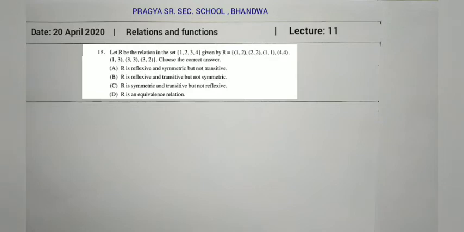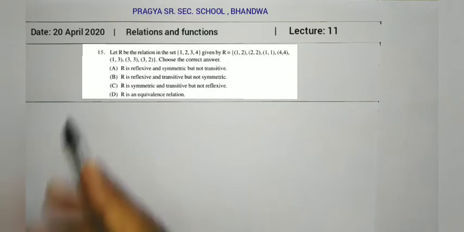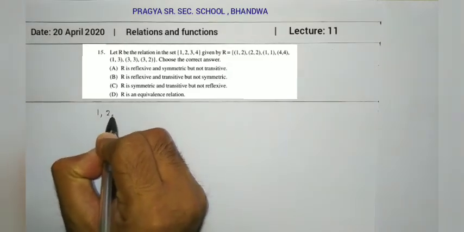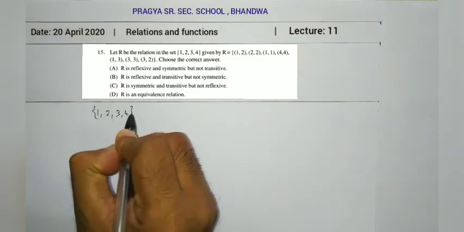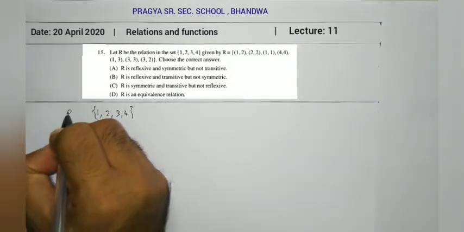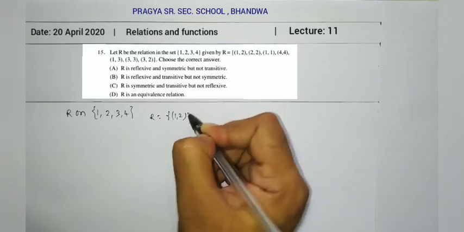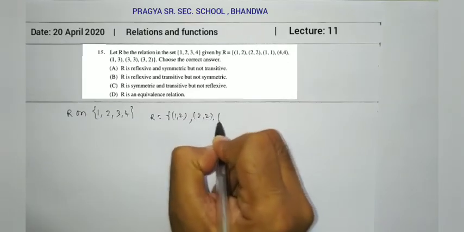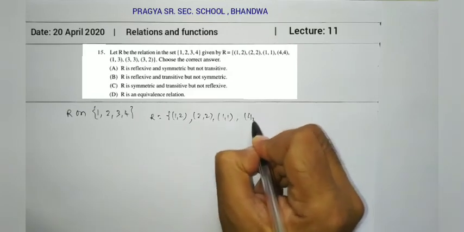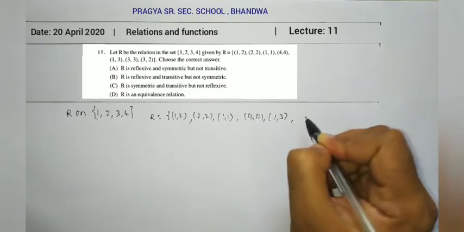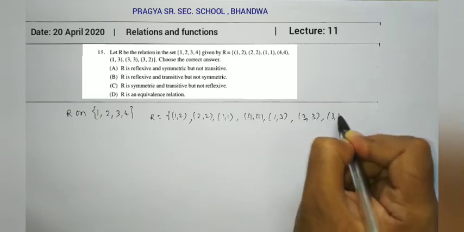It is given that R is the relation in the set {1, 2, 3, 4} given by R = {(1,2), (2,2), (1,1), (4,4), (1,3), (3,3), (3,2)}, and we have to select the correct answer. So the relation R is on {1, 2, 3, 4}.